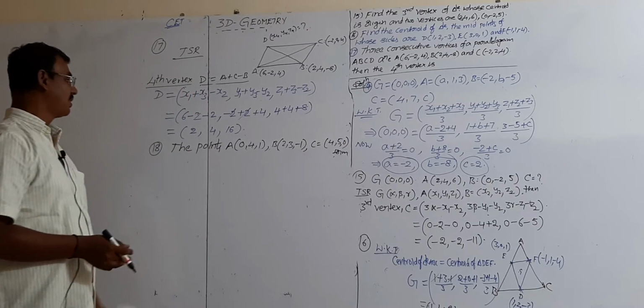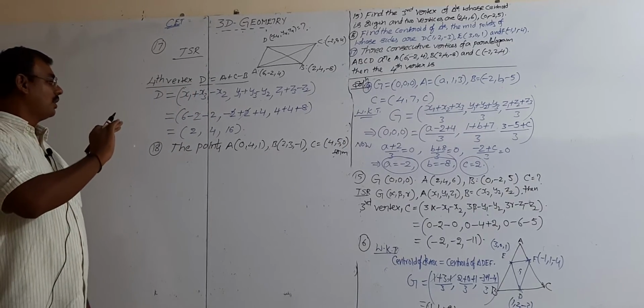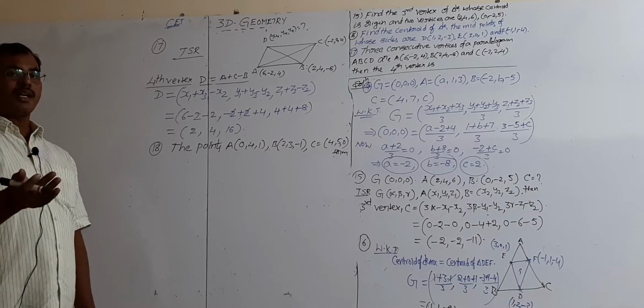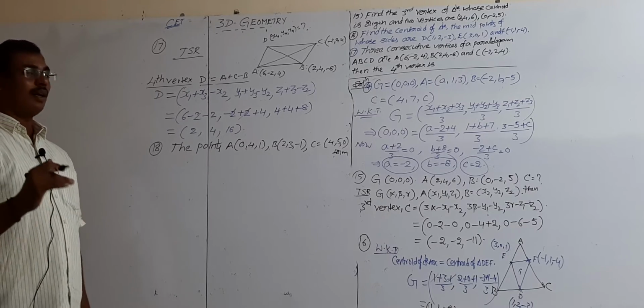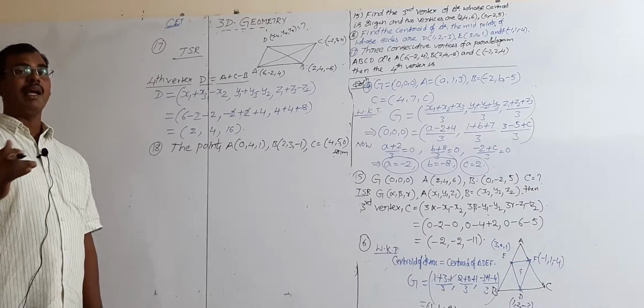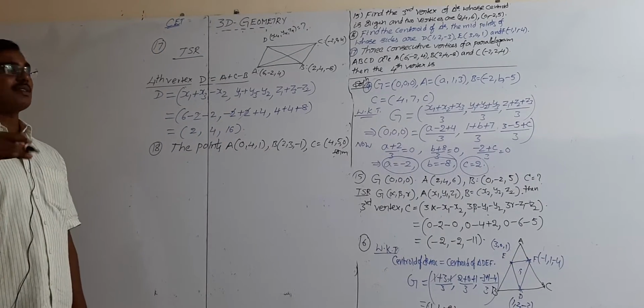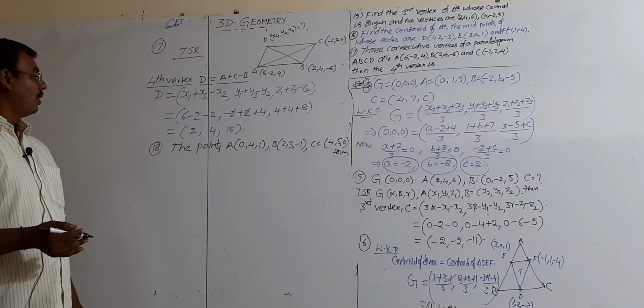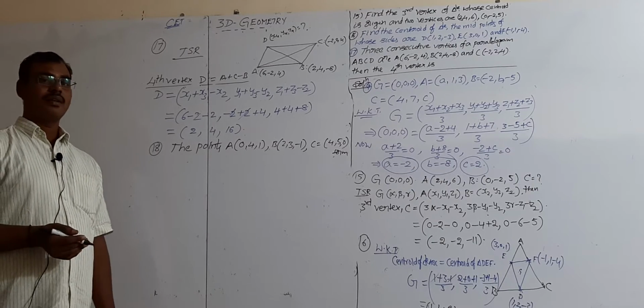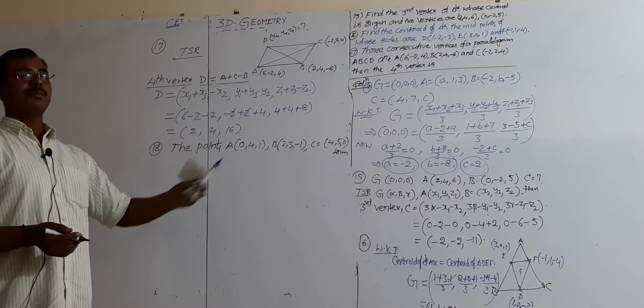So this is how the question is given. These points form which triangle? Isosceles triangle, equilateral triangle, right angle triangle, or isosceles right angle triangle. To justify the answer, we follow a simple method.